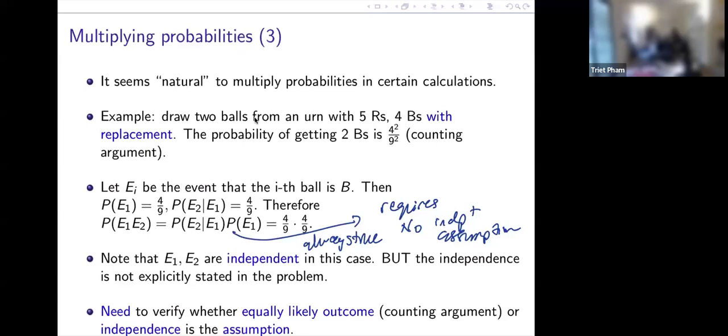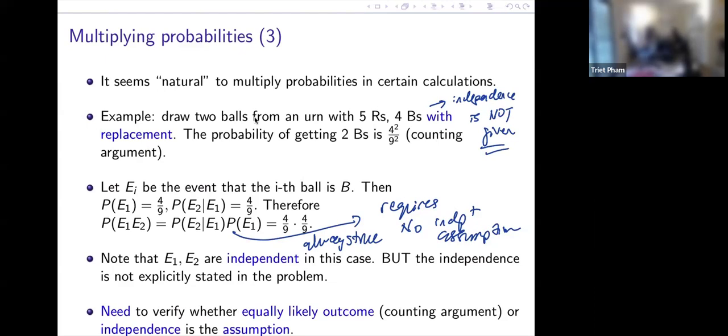But then again, look closely: the independence is at least not given explicitly in the problem. You just say you draw a ball from the urn, sorry, with replacement. So equally likely is more the natural assumption here, each ball being equally likely to be picked, rather than independent.